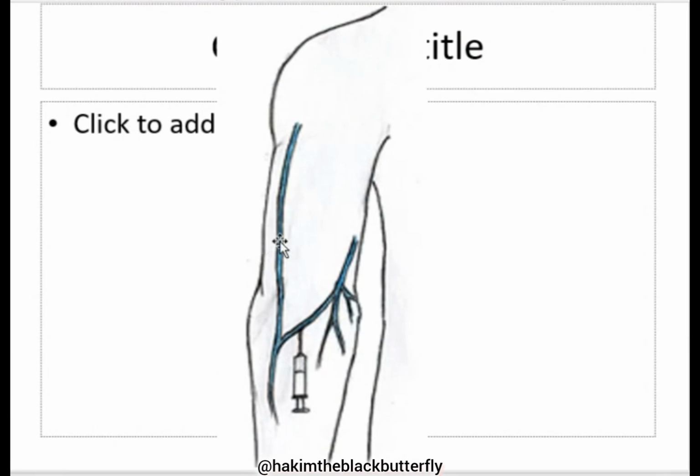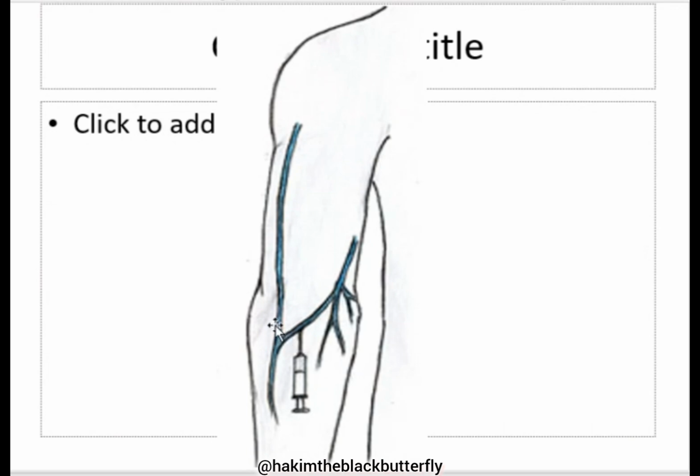For example, you have the cephalic vein in the roof of the cubital fossa, and medially the basilic vein, and they are joined together by the median cubital vein. These are the veins within the roof: the cephalic vein, the basilic vein, and the median cubital vein. These are the veins that they use to draw blood samples for laboratory investigations.